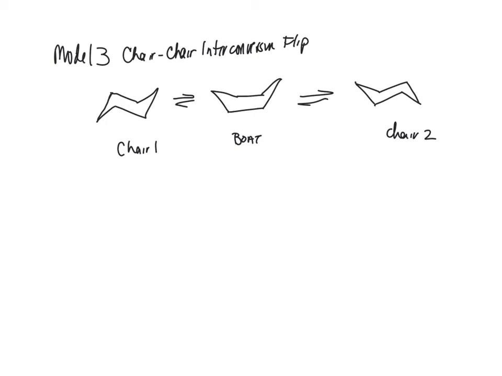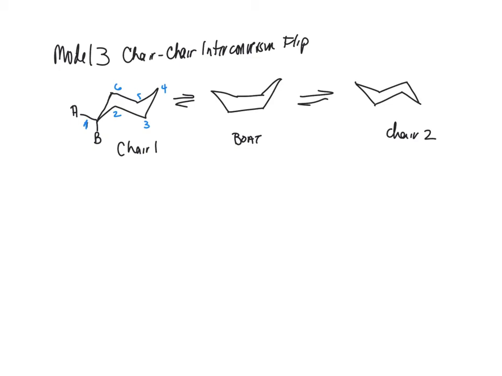Then we're going to label this. We have the axial B, equatorial A, and that's carbon number 1. 1, 2, 3, 4, 5, 6.